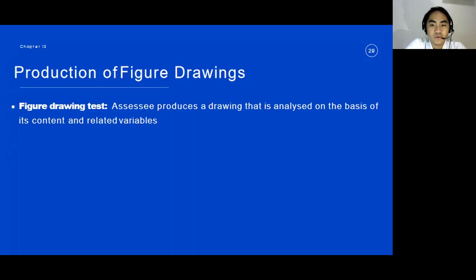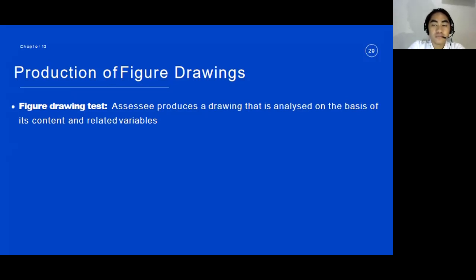Okay, so in the figure drawing tests, the assessee makes a drawing that is based on the content of a particular topic. So I might say, draw a picture of you and your family. And if the mother and father are there and they're happy, smiling, it might be different from one of them missing, or them both scowling or angry, or maybe shouting at each other.